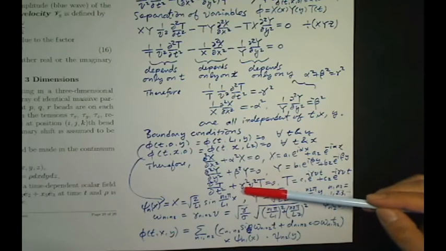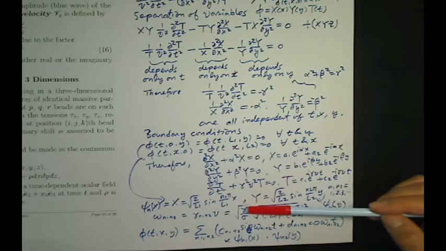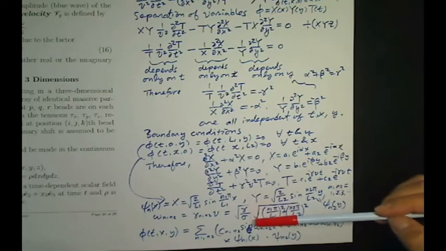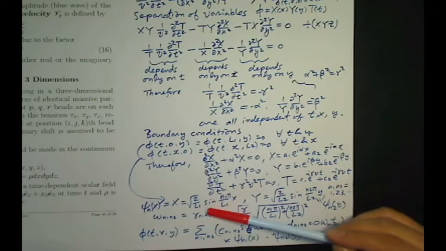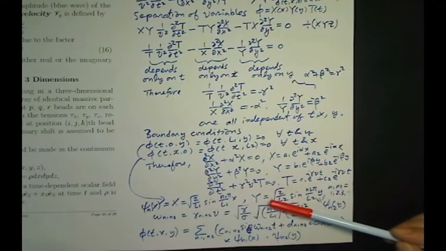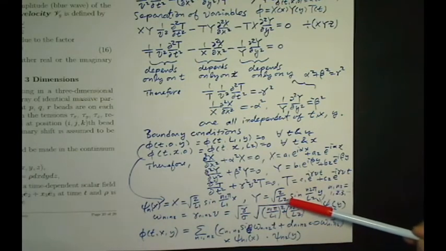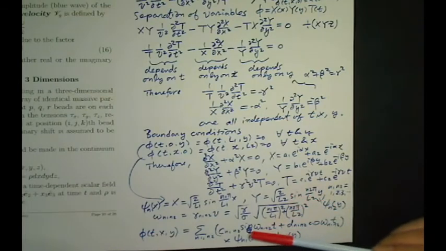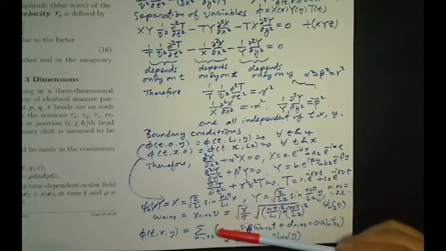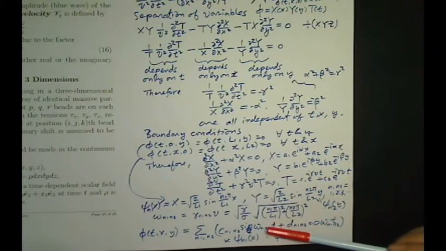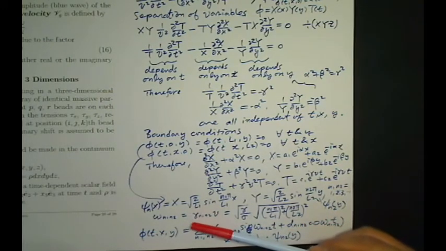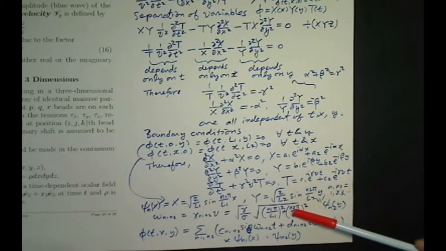Sure, this gamma is a number that is different from the gamma that appears as the surface tension of the membrane problem. As a result, the eigenfunctions for x and for y are completely determined, and normal coordinates can be determined in this way, where the frequency of the wave is determined by this one.